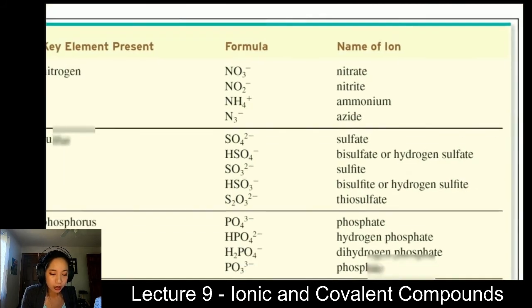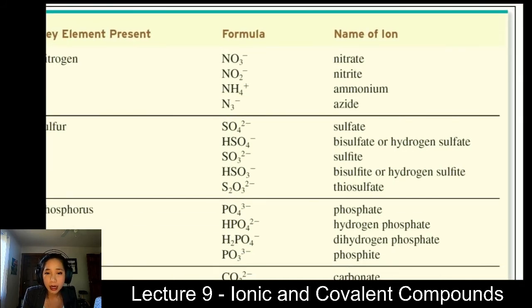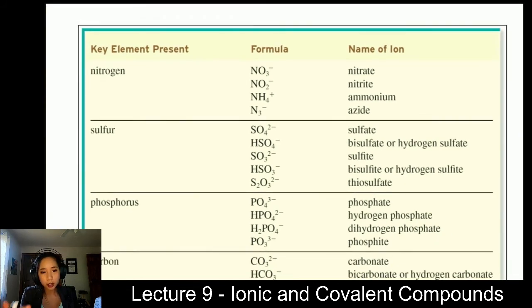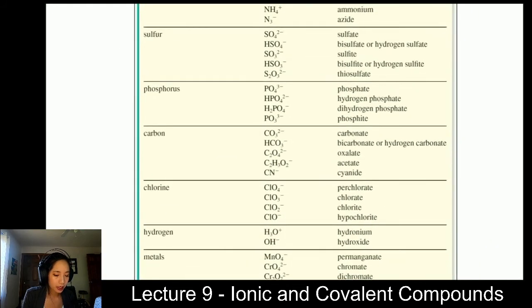I'm not expecting you to memorize any of them, but you need to be able to identify in a chemical formula, hey, this is a polyatomic ion, it has a specific name. I'll give you the one in the handout, but it's up to you to be able to recognize these formulas and how to name them. I'm not going to make you memorize the names of the ions and the formulas. You just need to know how to use it and identify them.